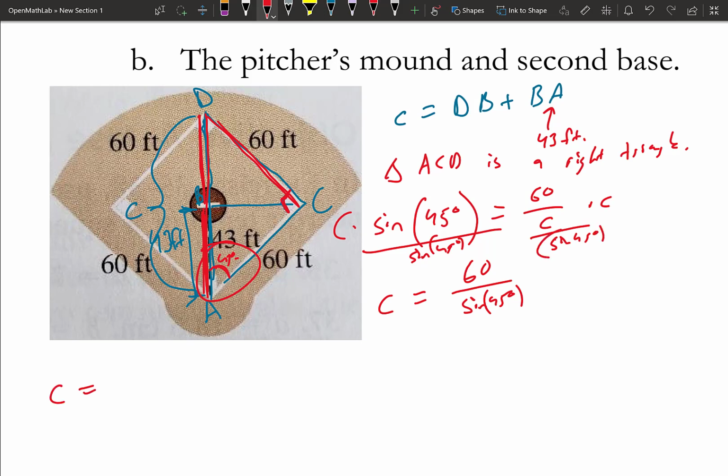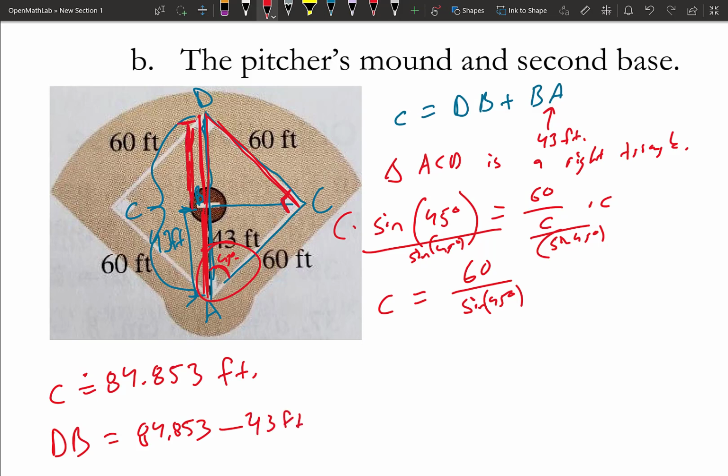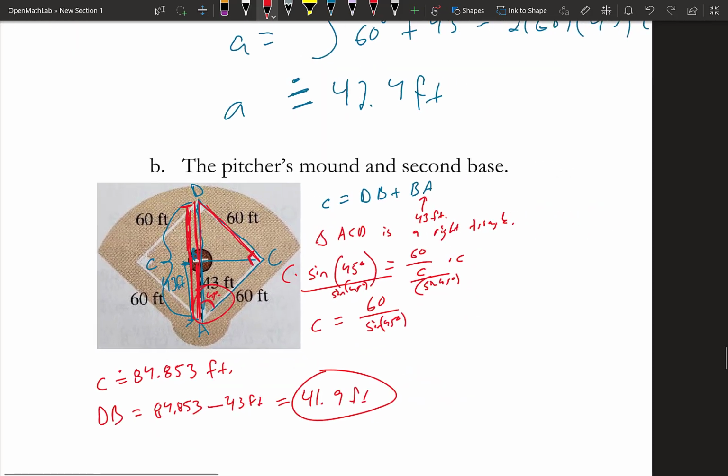So c comes out to be approximately 84.853 feet. But we want to know what dB is, which would be this measurement: 84.853 minus the 43 feet, because we found this part from here to here. I just need to subtract that part off, since I want that part and I found the whole length. So this would be equal to 41.9 feet. So that would be that solution.